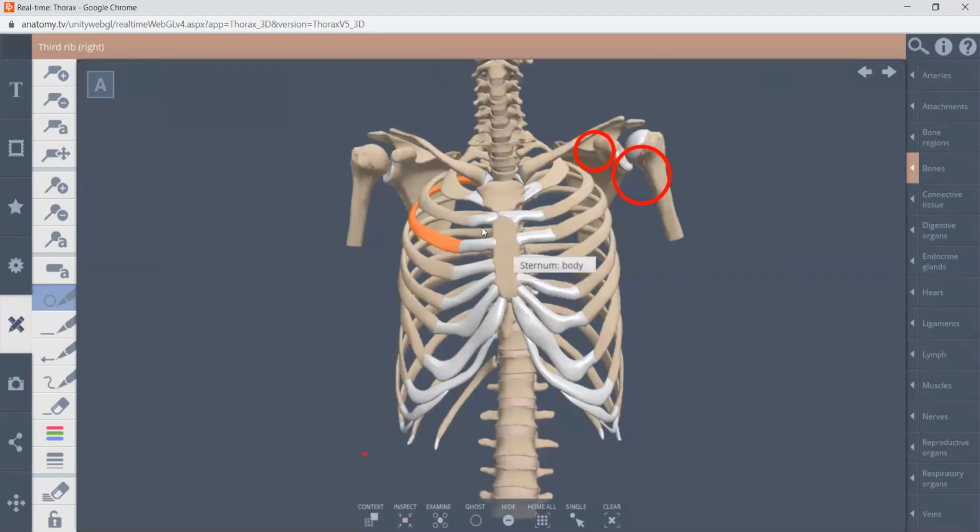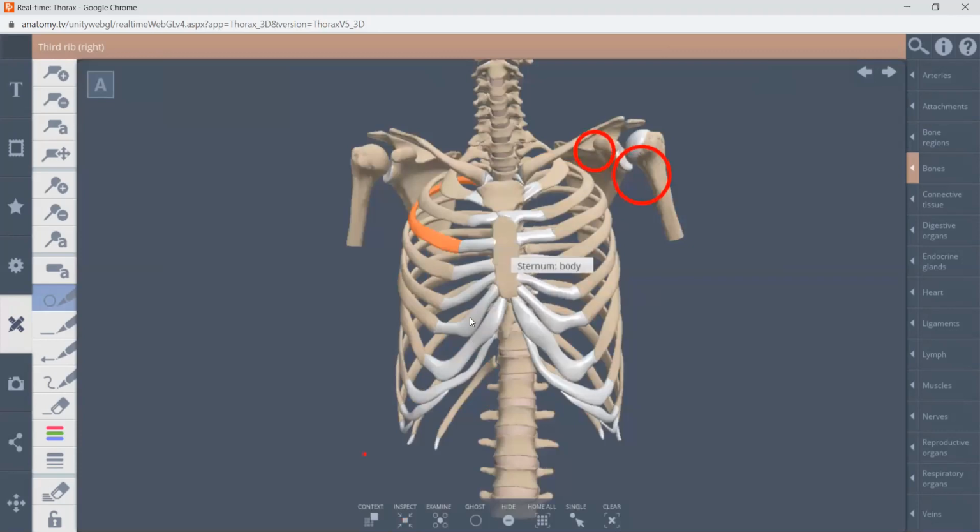So these are your costal cartilages. Now the true ribs, the ribs that directly articulate with the sternum, are ribs 1 to 7. So we've talked about typical ribs and atypical ribs. We're now talking about true and false ribs. So ribs 1 to 7 are described as true because they directly articulate with the sternum.